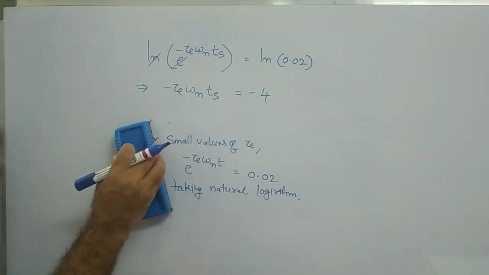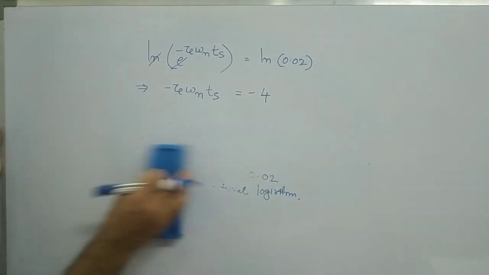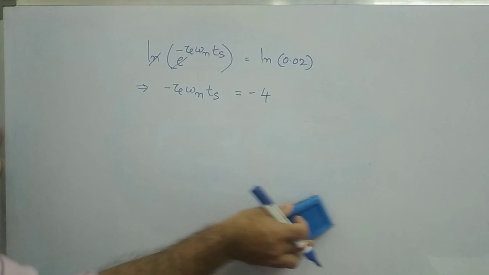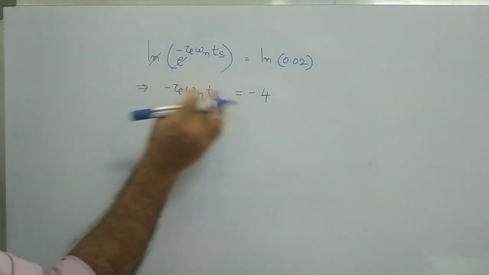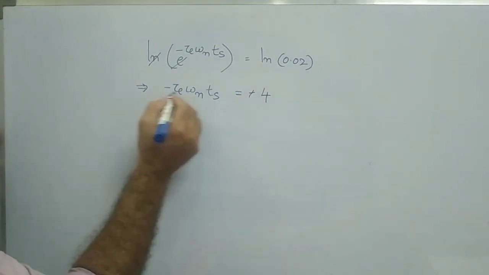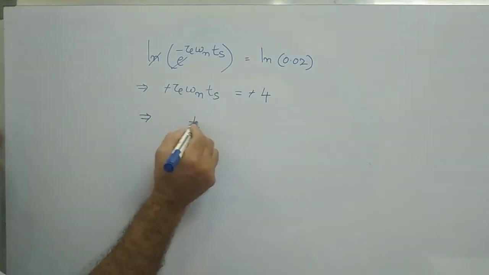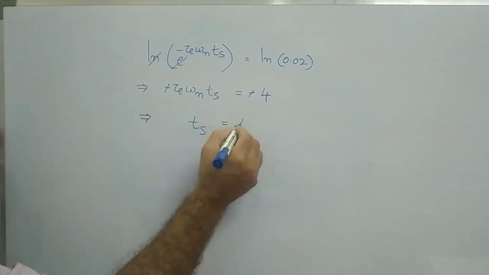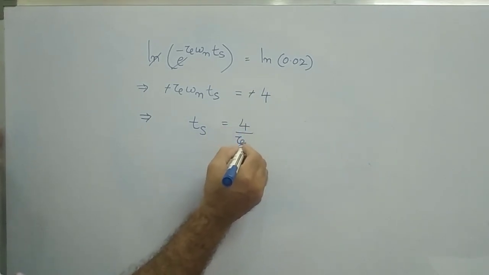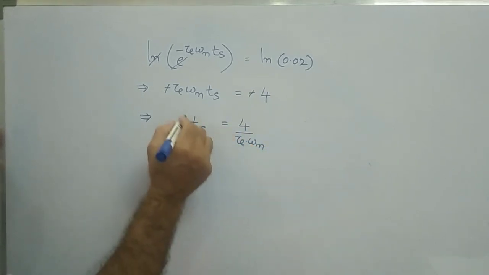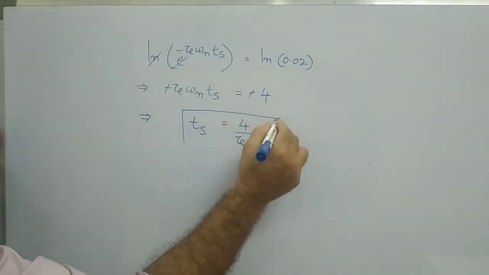Clear? Then on both sides the minus sign is there, both will be cancelled out, and from this you can write ts is equal to 4 by zeta times omega n. This is the formula for settling time.